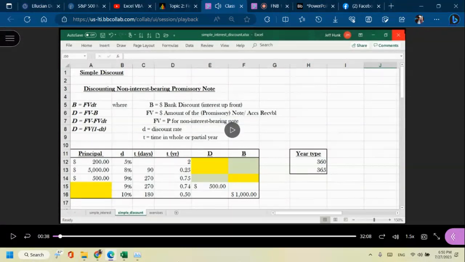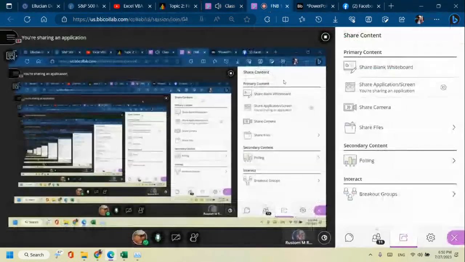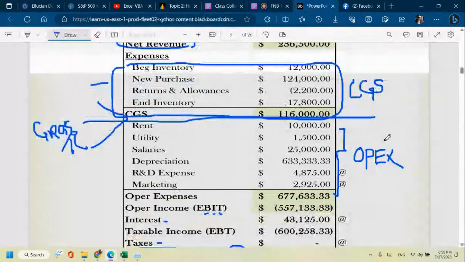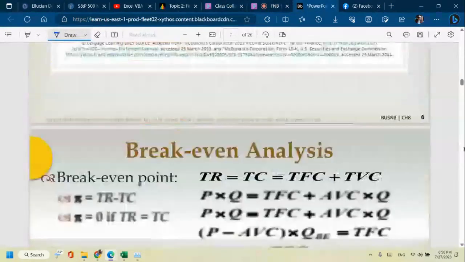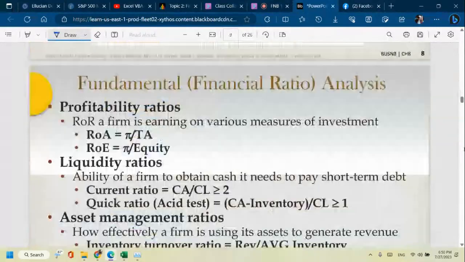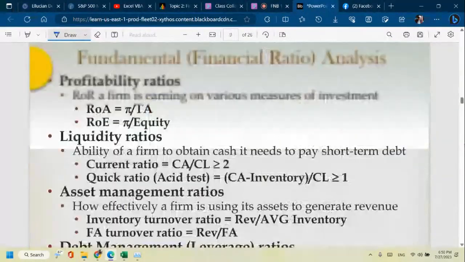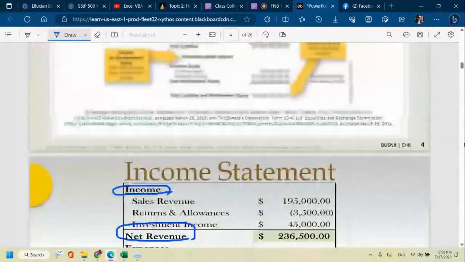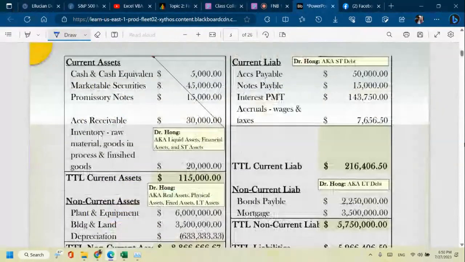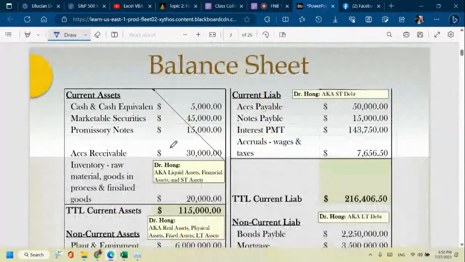Before we go any further, let's go into the breakdown of the balance sheet. In the balance sheet, there's cash and cash equivalents and marketable securities. Marketable securities are basically stocks and bonds.